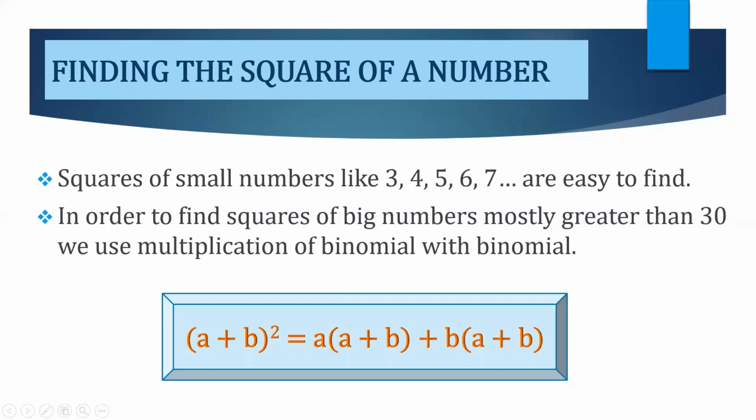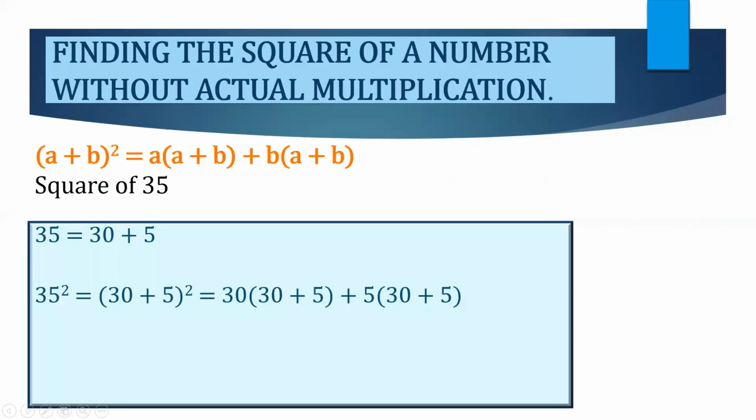And so here, if we talk about 92, then it will be 90 plus 2. So a will be 90 and b will be 2. So (90 plus 2) whole square is equal to 90 into (90 plus 2) plus 2 into (90 plus 2). Let's see an example. I have to find the square of 35.